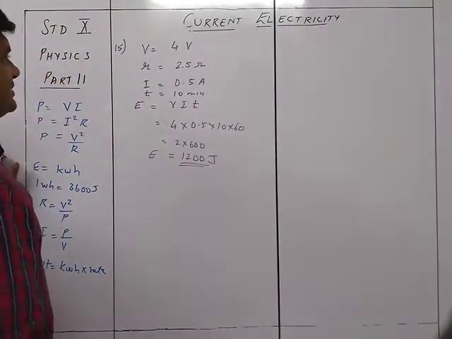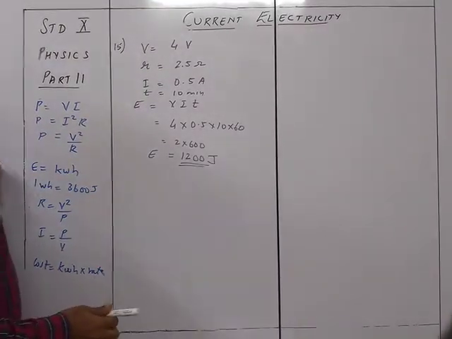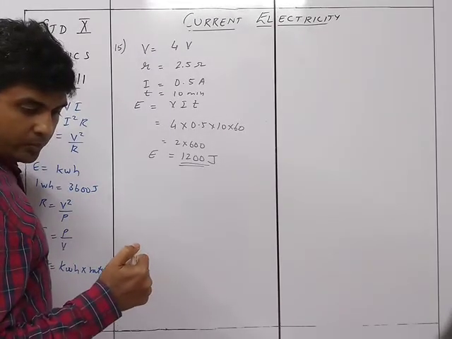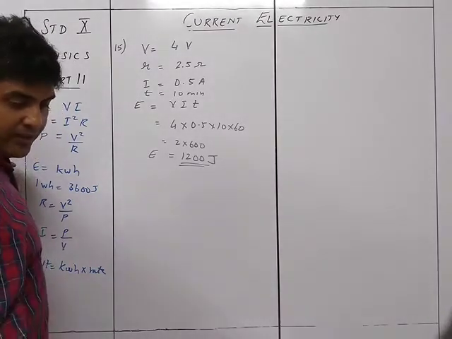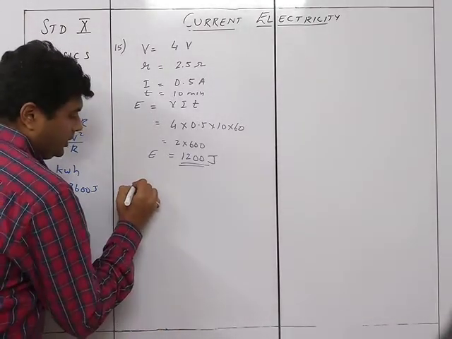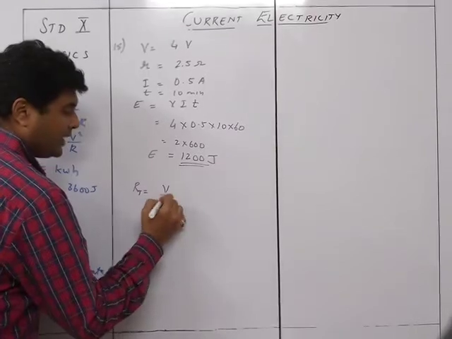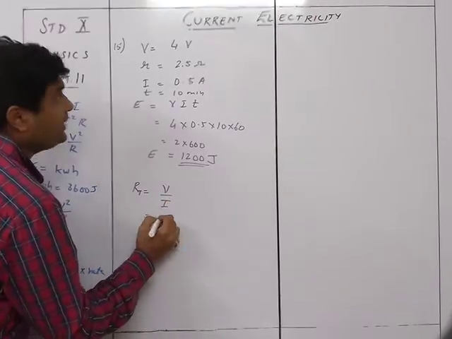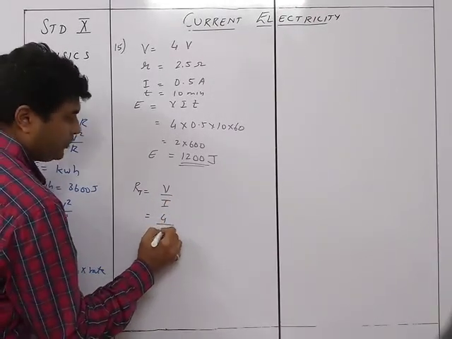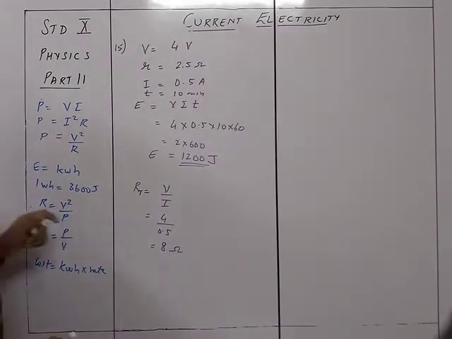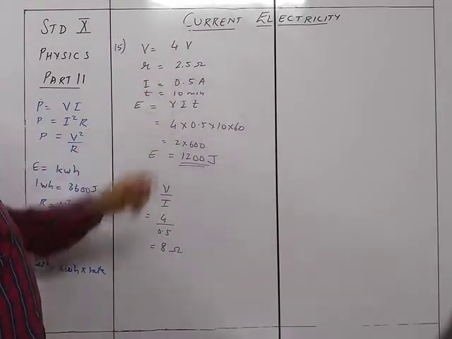We need the resistance of the bulb. We know the current, so the total resistance is equal to V upon I. V is 4 and I is 0.5, so it is 8 ohms. Out of the 8 ohms, 2.5 is the internal resistance.